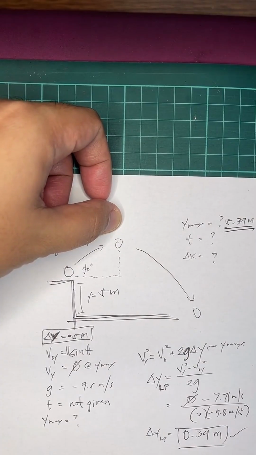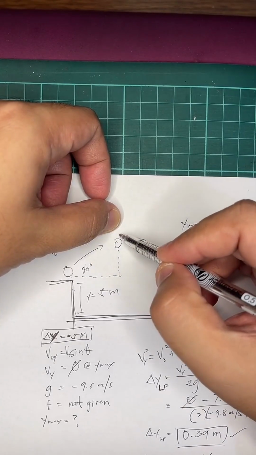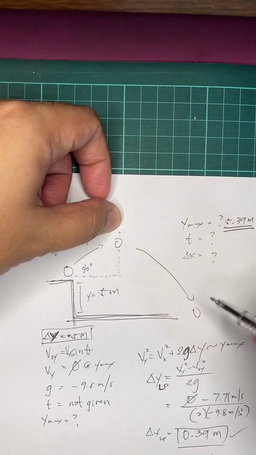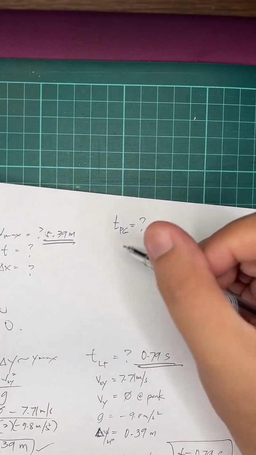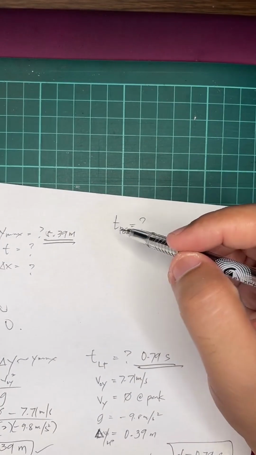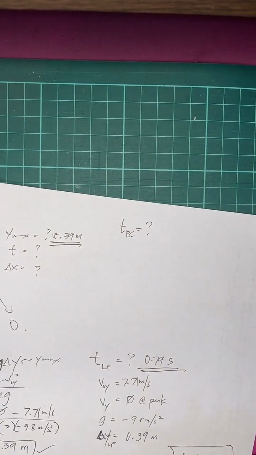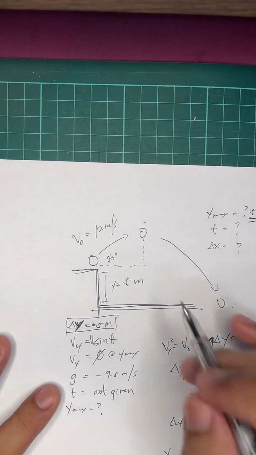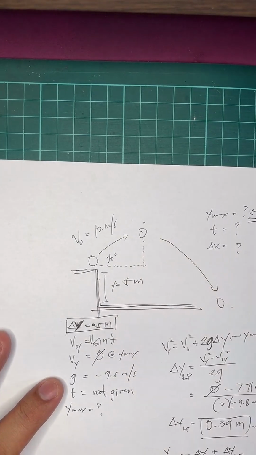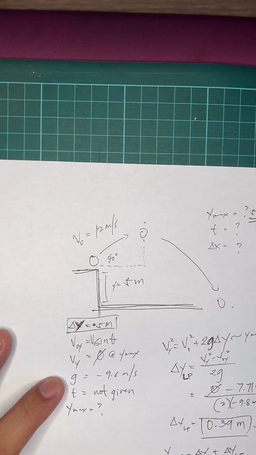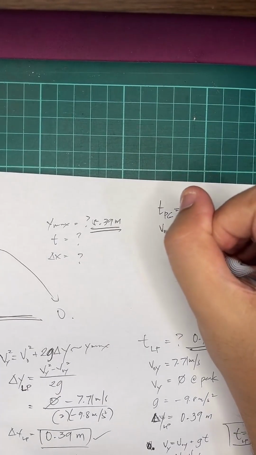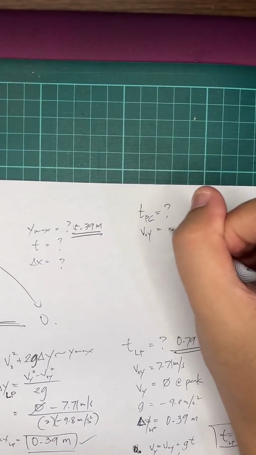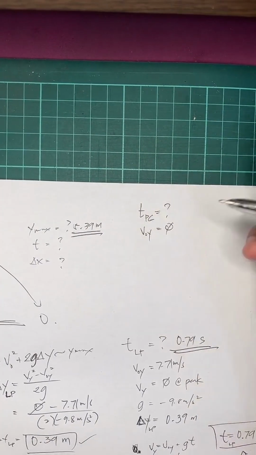Okay? So what we will be describing next is the time from the peak height to the ground. What do we know about the situation at the peak? Going to the ground, we should know that the initial velocity from the peak is 0. So V naught y, the initial vertical velocity at the peak, is 0.